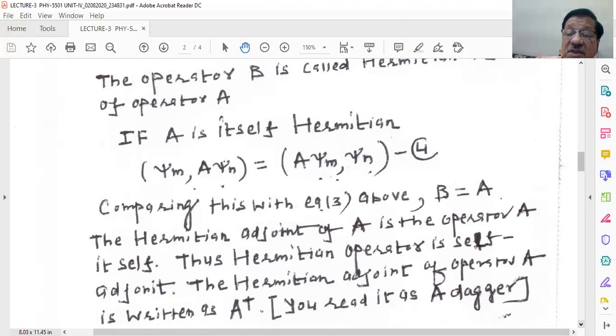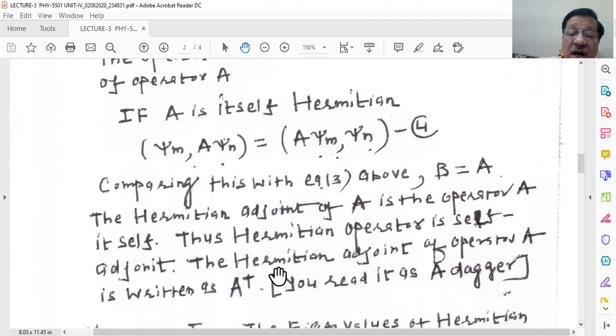If it is self-adjoint, then we can have a notation for it. The Hermitian adjoint of an operator A is written with a superscript dagger, which you read as A dagger.